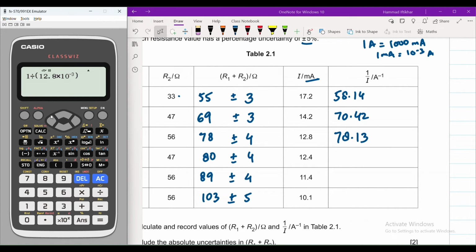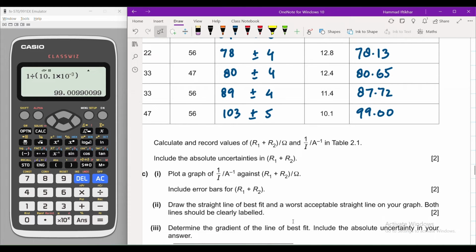Then we have 12.4, 80.65. Then we have 11.4, 87.72. Okay. Then we have 10.1, we get 99. Okay, right.